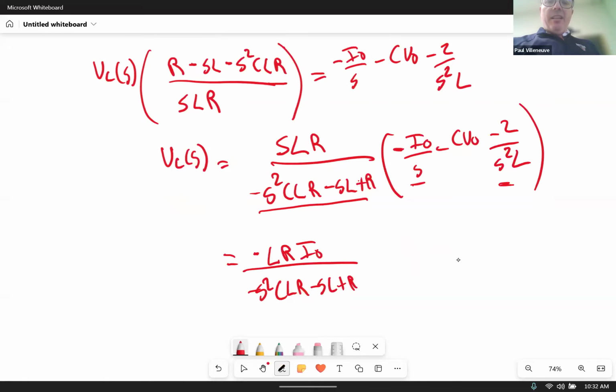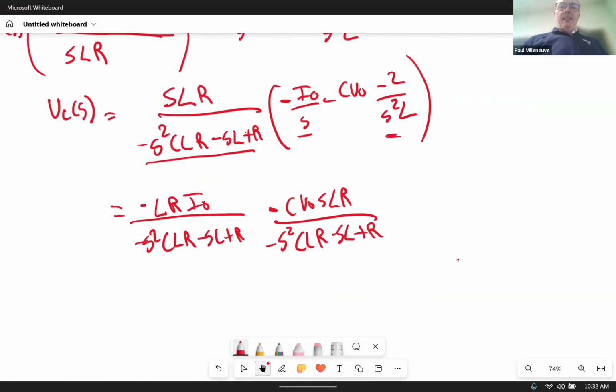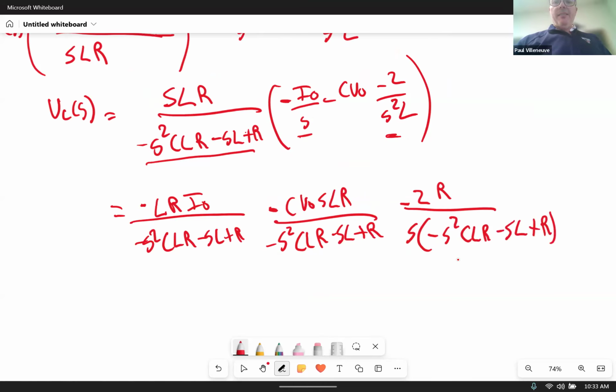And then the next one is minus C V naught SLR over negative S squared CLR minus SL plus R. And then the last one is minus 2R all over S times negative S squared CLR minus SL.